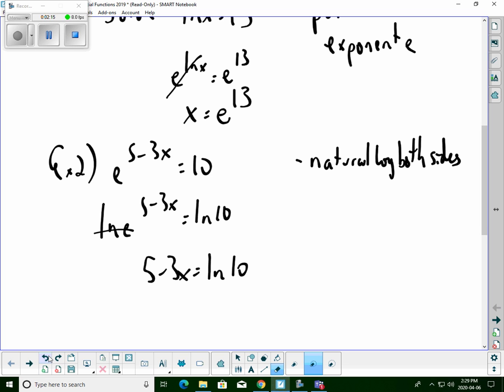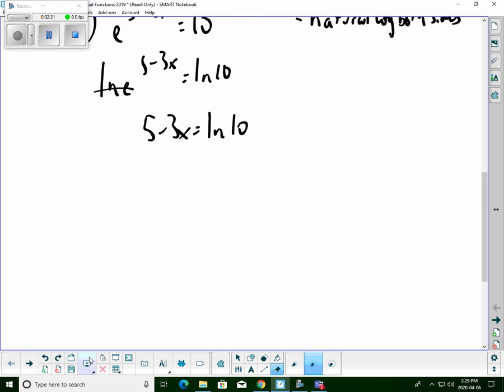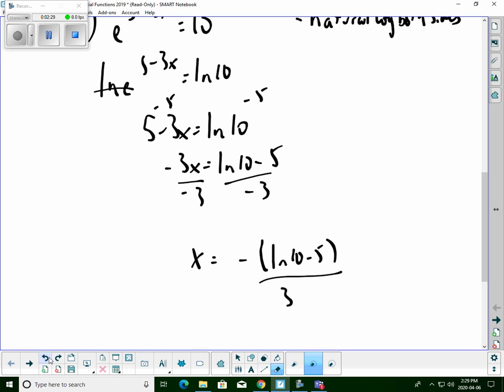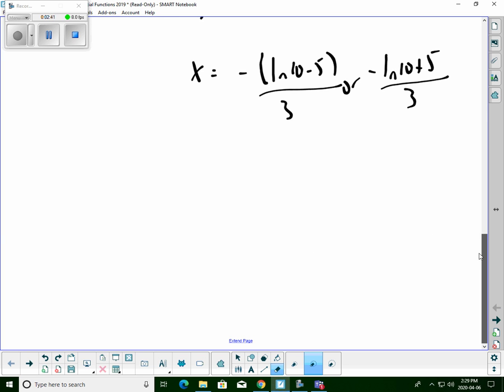Well, it just drops down. So we have 5 minus 3x equals ln 10, and then we're just solving for x, which of course would be minusing 5 and dividing by negative 3. So x would equal negative ln 10 minus 5, or you could distribute the negative through, and that's fine too. But for me, either or, I'm happy with.